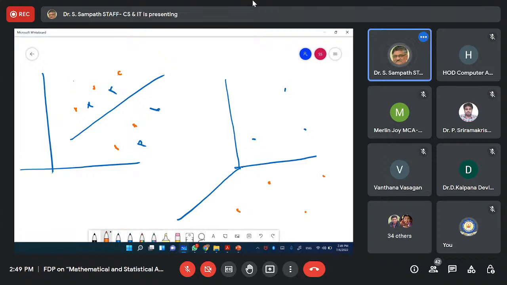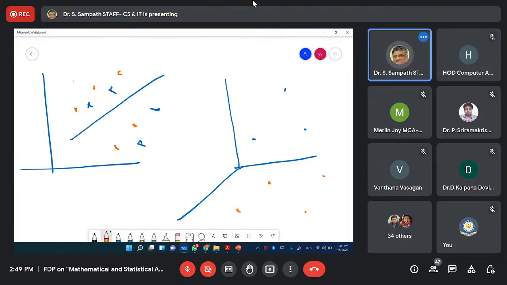Okay, so it is a theory. It cannot be easily proved, but we have some mathematical properties. The thing is, if you do not have linear separability in a smaller dimensional space, you can achieve linear separability by projecting the points. Projecting the points means what?